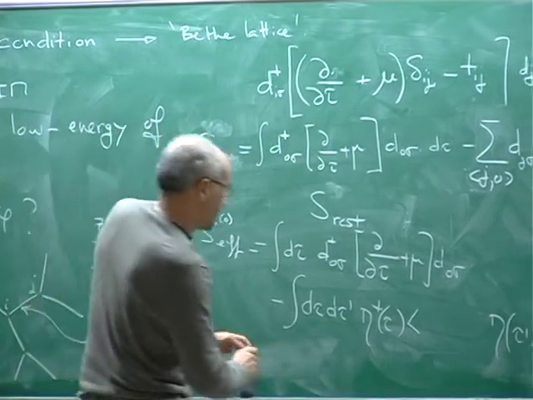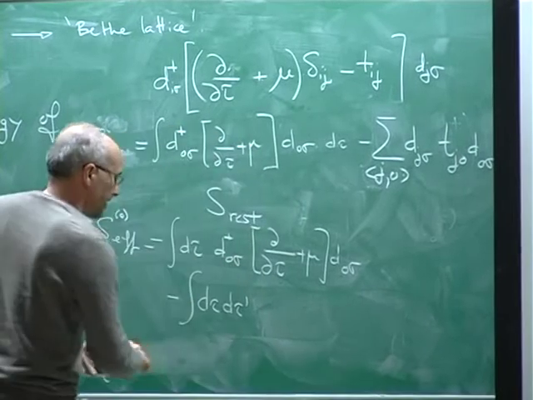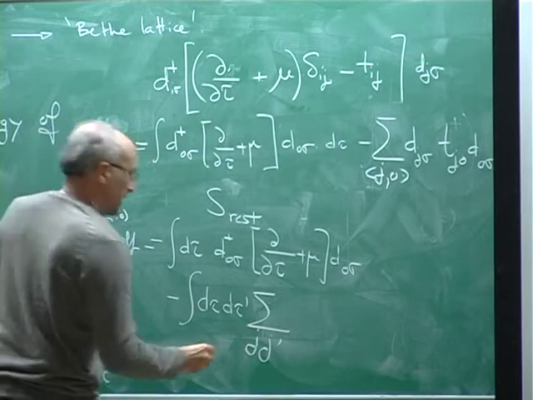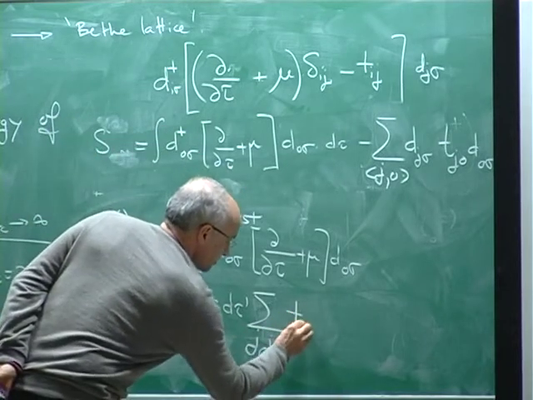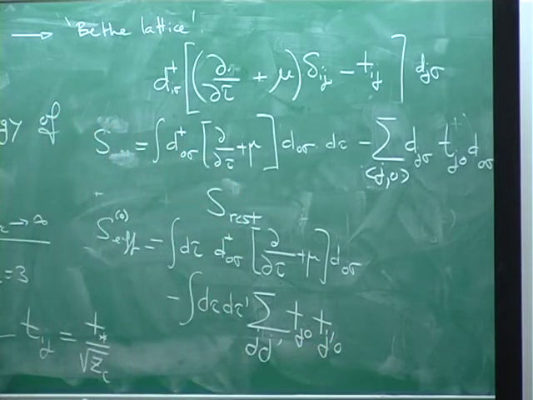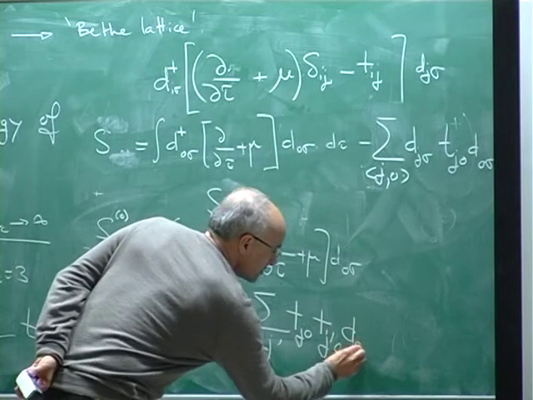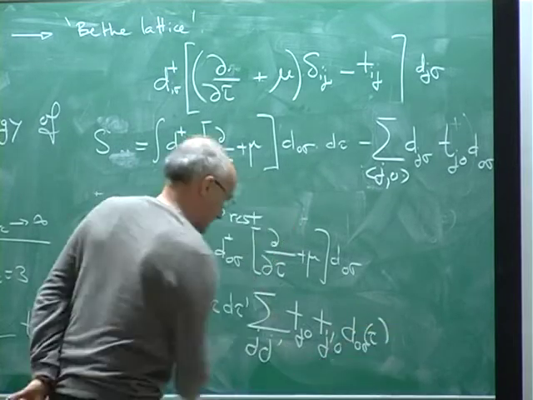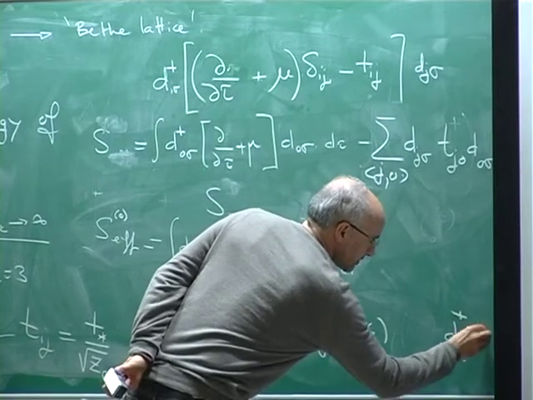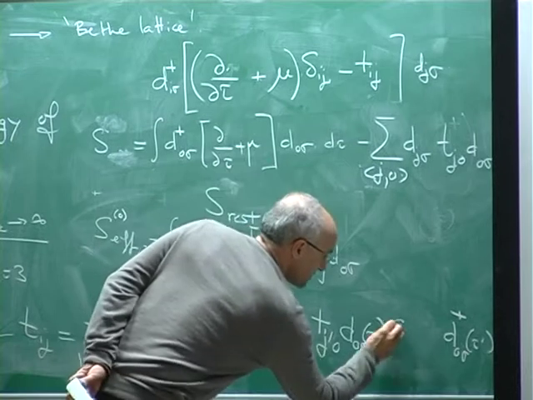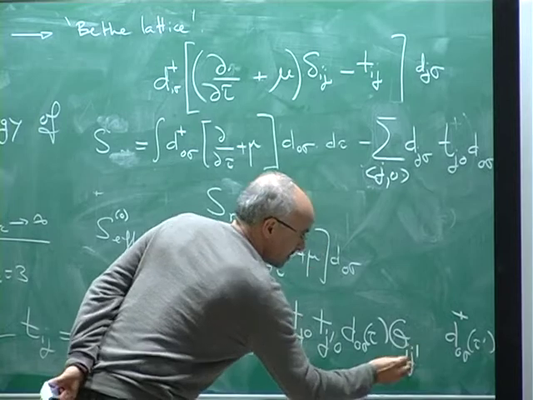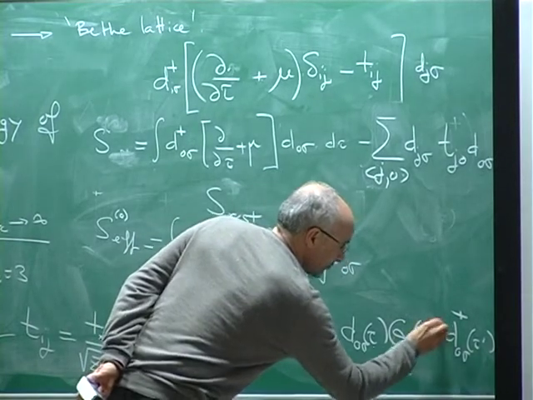So here I'm going to get, let me do it properly, something like the sum over j, j prime of tj0 tj prime 0, d0 sigma at time tau, d0 dagger sigma at time tau prime, and here is some Green's function which connects sites j and j prime, and which depends on tau minus tau prime.